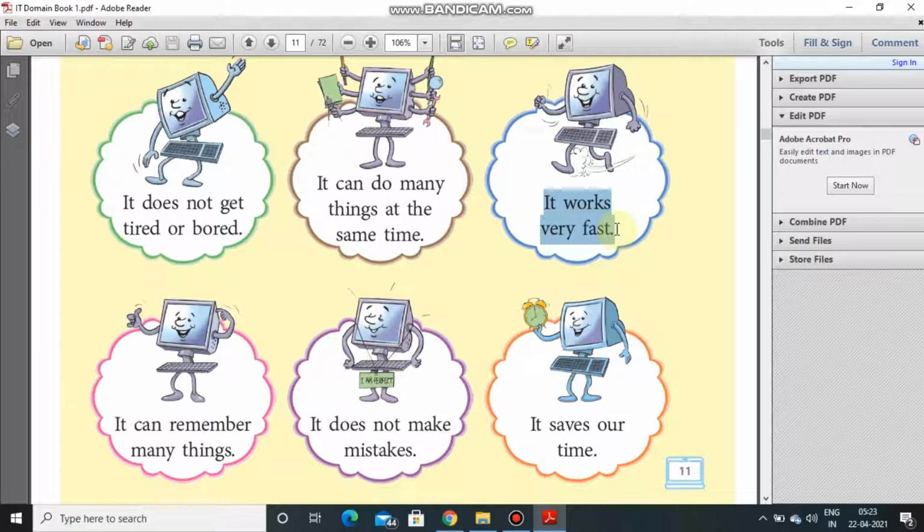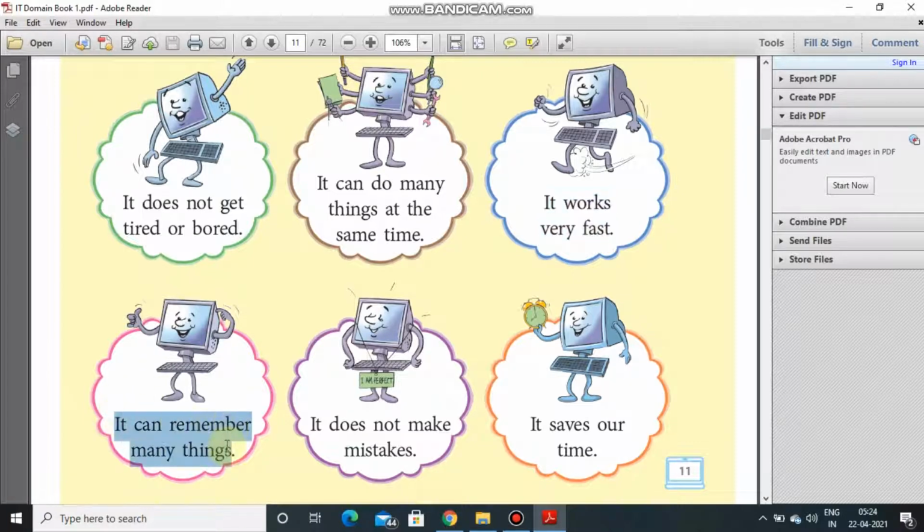The calculation which a normal human takes more time for, even your sir or me, is performed by the computer in a very short time, in seconds. So computer can work very fast.